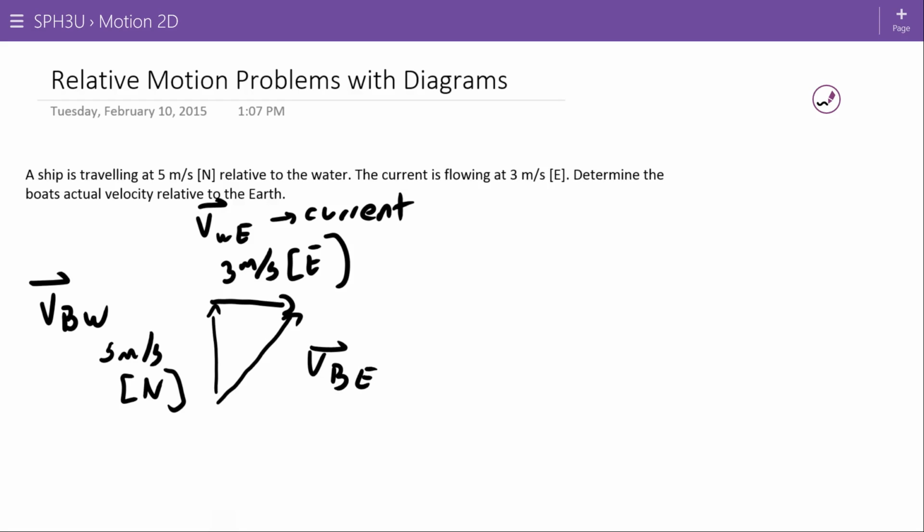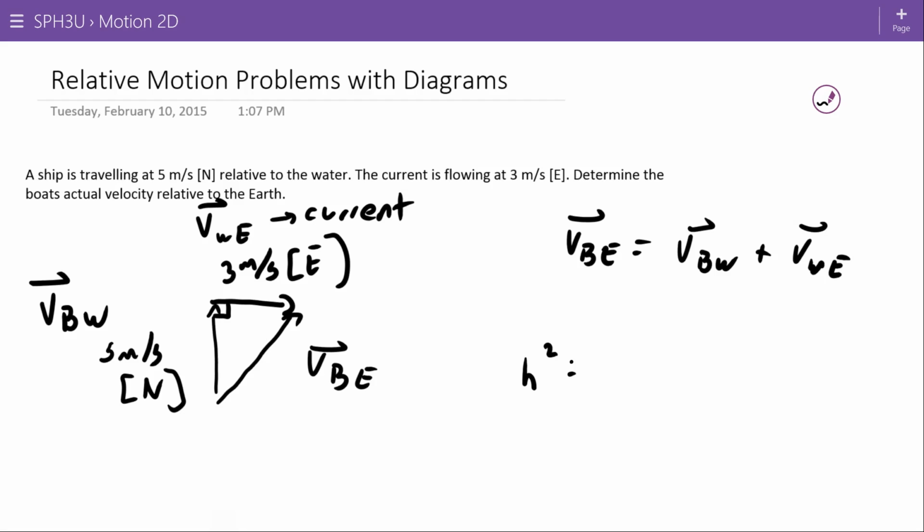VBW plus VWE is equal to VBE. Boat relative to the Earth is equal to the boat to the water plus the water to the Earth. And instead of worrying about components and all that kind of stuff, we can see we already have a right angle triangle here, and we can just solve for this hypotenuse directly.